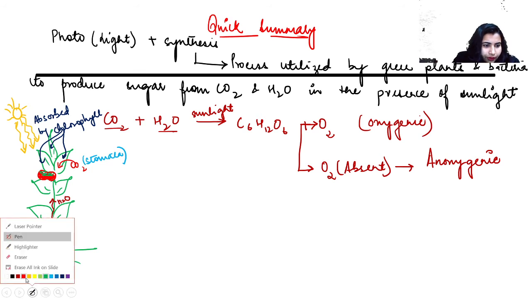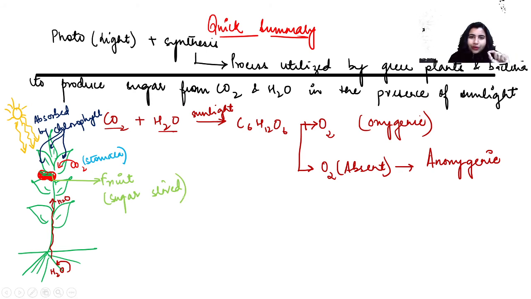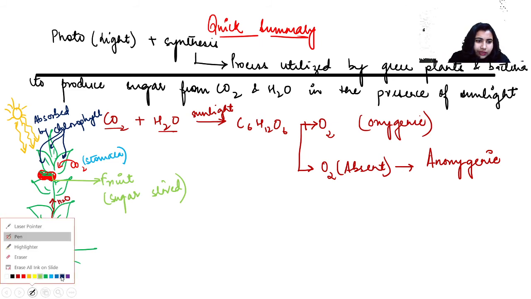This is something we call fruit, which is nothing but sugar stored in the form of fruit that is eaten by other higher organisms. So this is what we have seen, photosynthesis.